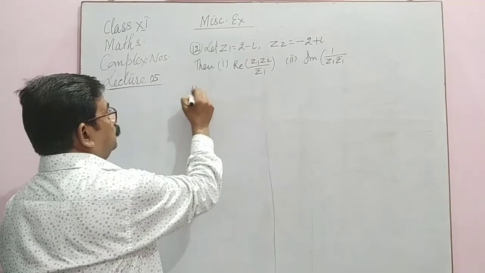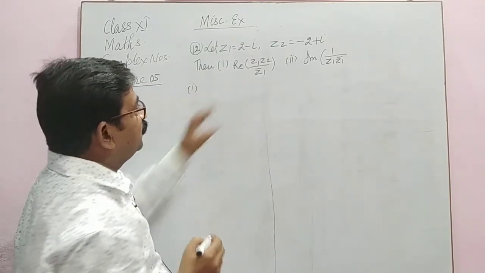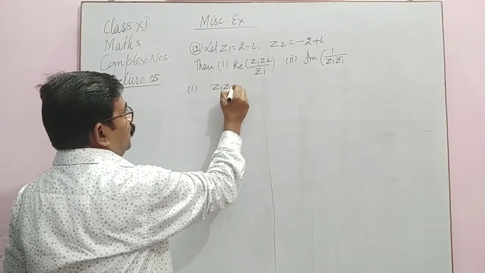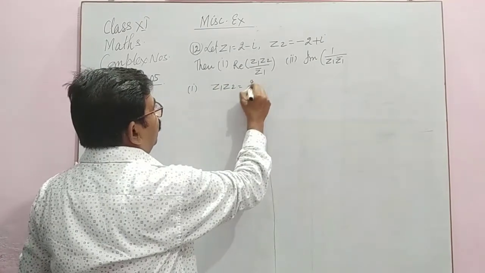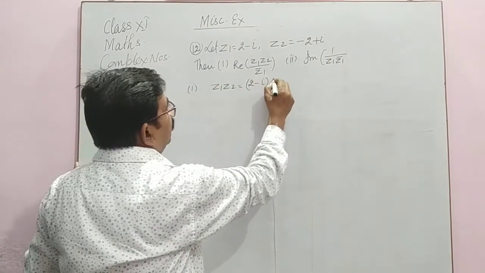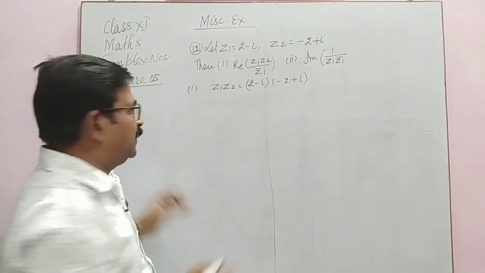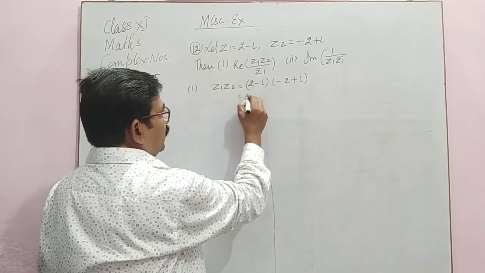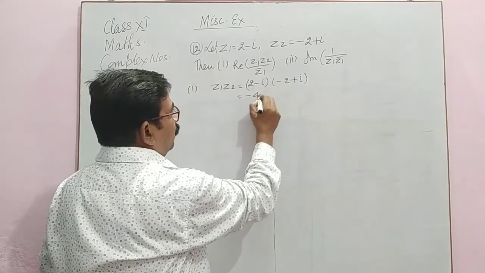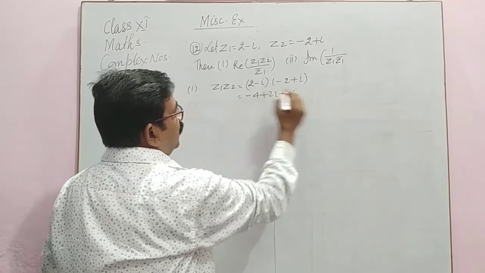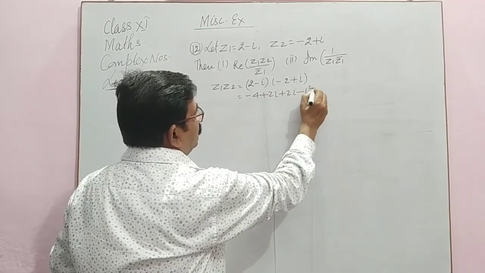So first part, first we have to find z1z2. See, z1z2 I am going to find. We have (2 − i) into (−2 + i). Simply multiply this. 2 into −2 is −4, plus 2i, plus 2i, and minus i into i is minus i².